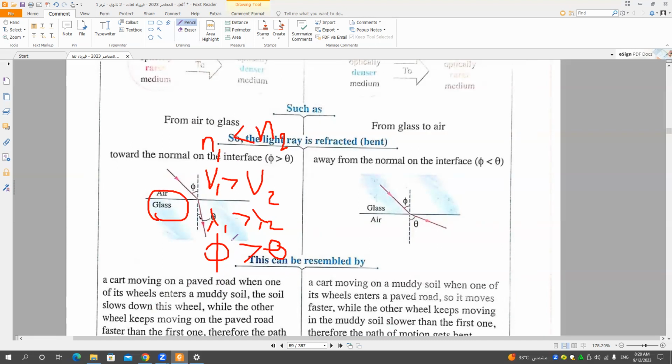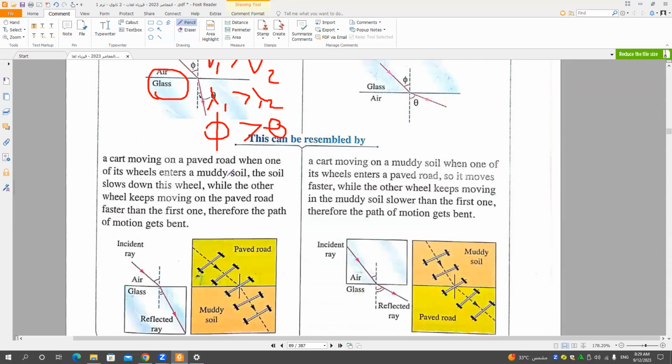Again, the speed has a direct relation with the wavelengths and with the incident angle, but the absolute refractive index has an inverse relation with all of them.